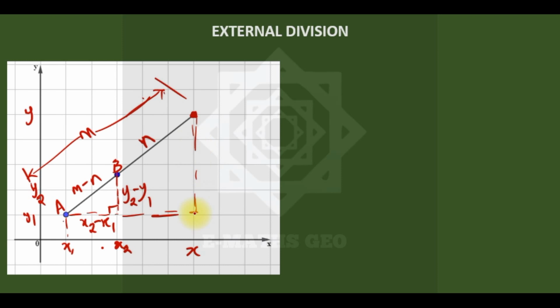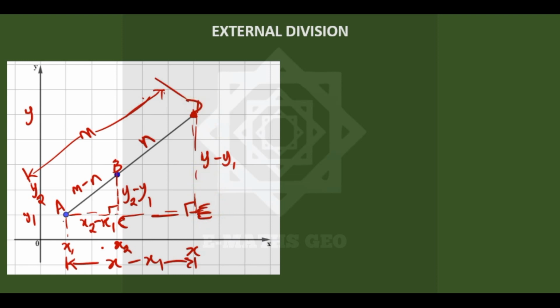This is now y minus y1, and this is x minus x1, from here to here. So we have two right triangles, ABC and ADE.